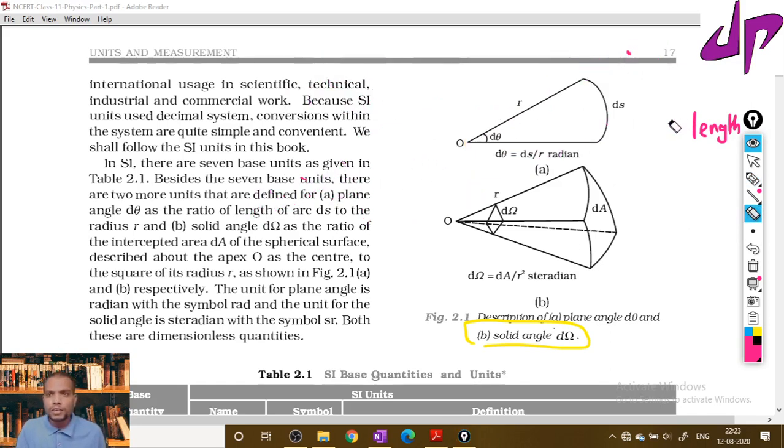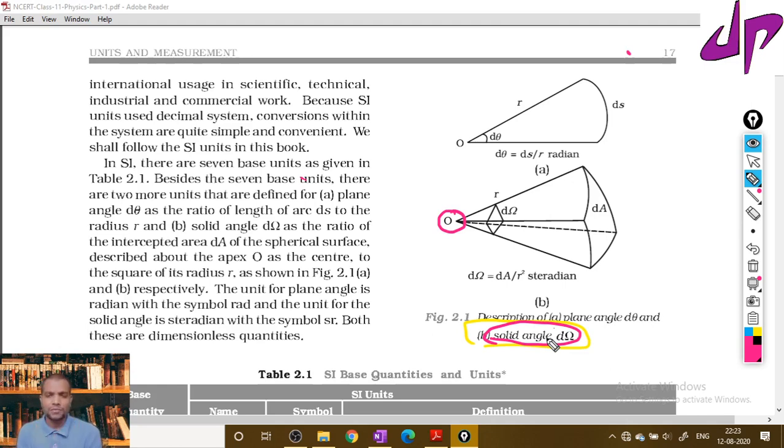Now one more thing we need to learn, below that. This other type is called the solid angle. When it comes to solid angle, think of it just like the angle we have taken, but three-dimensionally. It means I need to draw a three-dimensional angle.